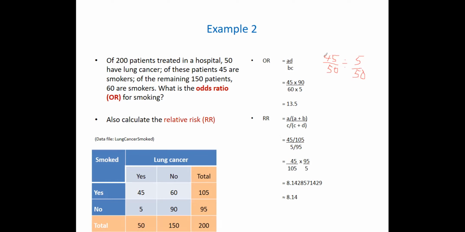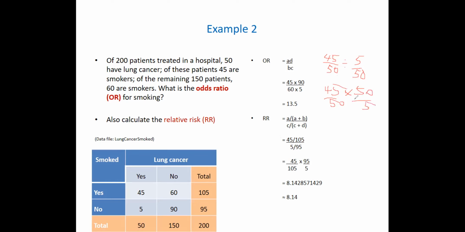So the odds is 45 over 50 divided by 5 over 50. Do you understand? If you have gotten this concept of odds, it's the same thing as saying 45 over 50 times 50 over 5.